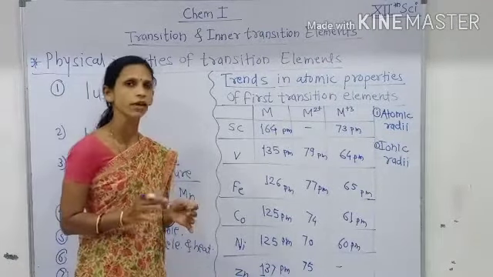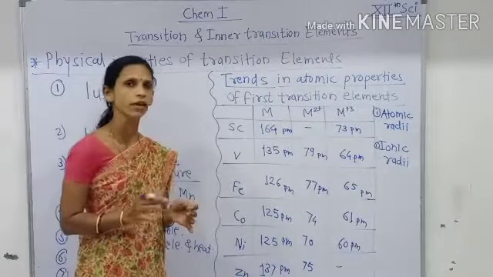See here, for ionic radii of elements of the same oxidation state, chromium 2+ has an ionic radius of 82 pm, and copper 2+ has an ionic radius of 72 pm.